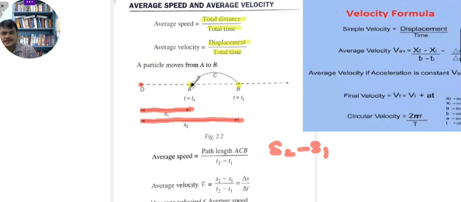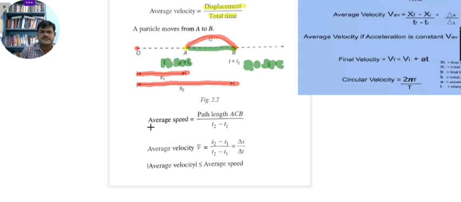Clear? If I go along a curve, in a varying direction, or along the straight line, in a fixed direction, then the average speed uses the path length of ACB, because the total distance depends upon the path.